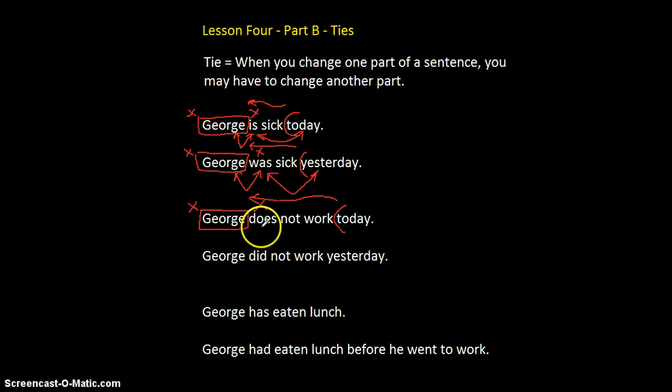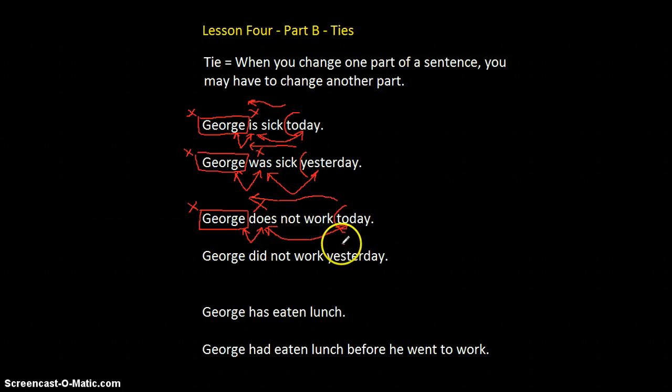Let's take a look. What do we have here? Does ties with George, just like we saw in Part A. The X word does ties with subjects that can be changed with he, she, and it. And now we're seeing that the X word does also ties with this present time, today.